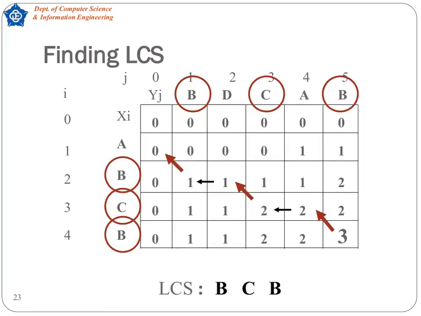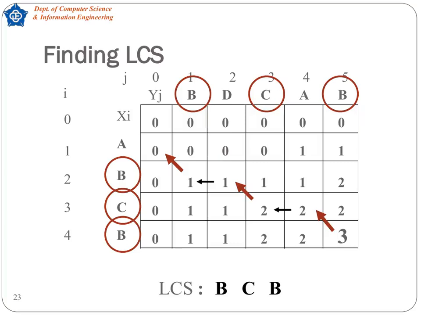Now, let's see how the pseudocode unfolds in a dynamic programming table. This slide displays the table for finding the longest common subsequence between our two strings. The rows track the characters of X: A, B, C, B. The columns track Y: B, D, C, A, B, and we've initialized zeros along the top row and leftmost column to handle the base cases. Whenever X[i] matches Y[j], we grab the value from the cell diagonally above and to the left, and add 1.